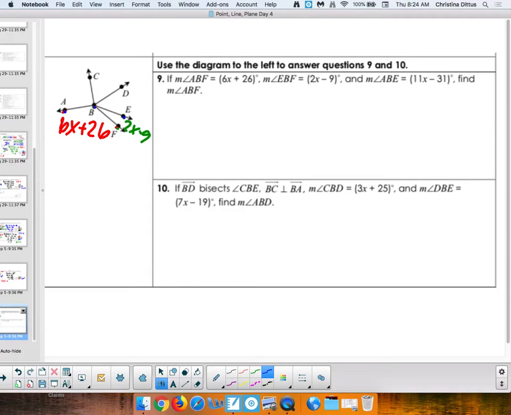Question: I know they're talking about AB here, do you think they're talking about this bottom angle or the top angle? The bottom. That's the only way it makes sense, unless you want to talk about 360 degrees, but let's not. So this whole angle right here is 11x minus 31.